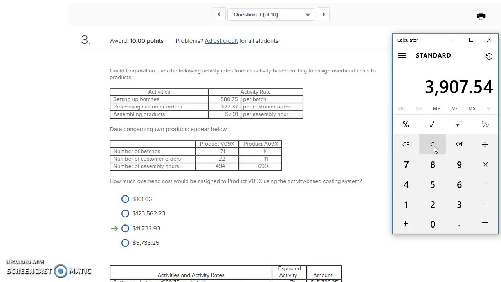So $39.07.54. Okay, so let's go ahead and add these all up. So I'm going to go 57.33.25 plus 15.92.14 plus 39.07.54. Okay, so 11.232.93. So that's number 3.